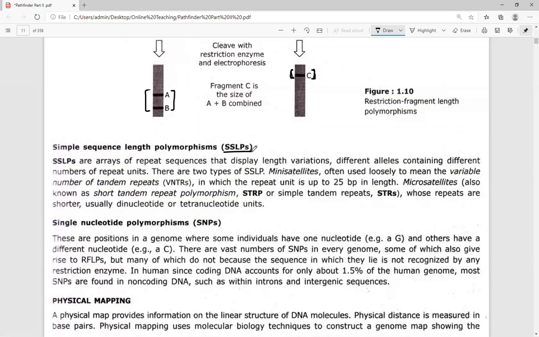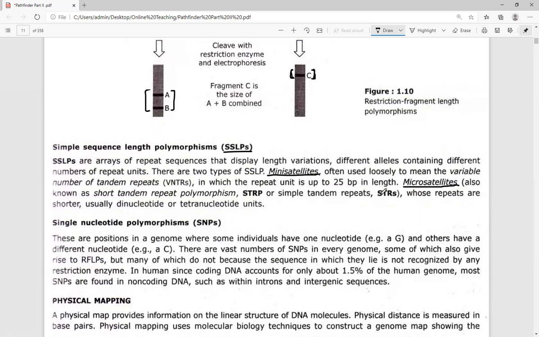The two types of simple sequence length polymorphism are minisatellites and microsatellites. Minisatellites are often used loosely to mean variable number tandem repeats, referred to as VNTR.